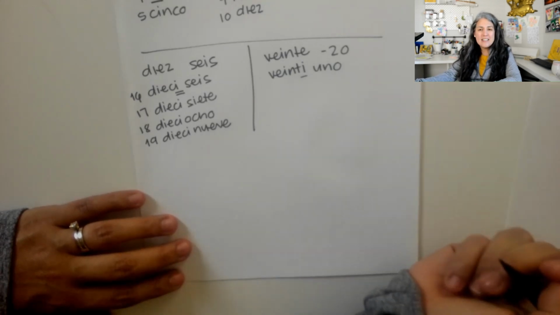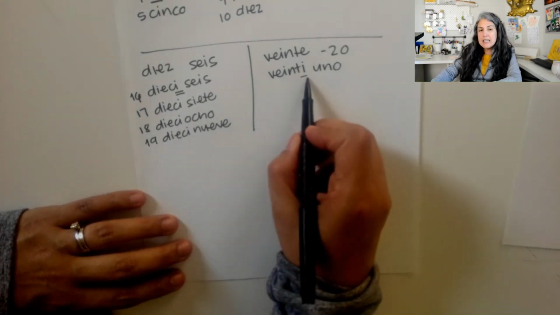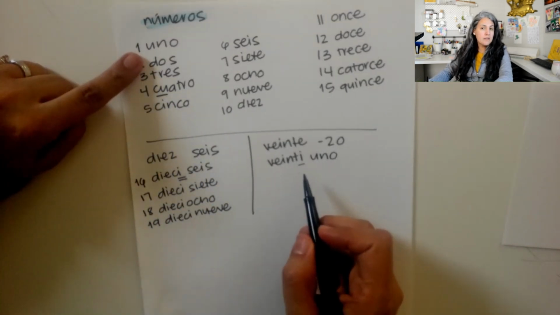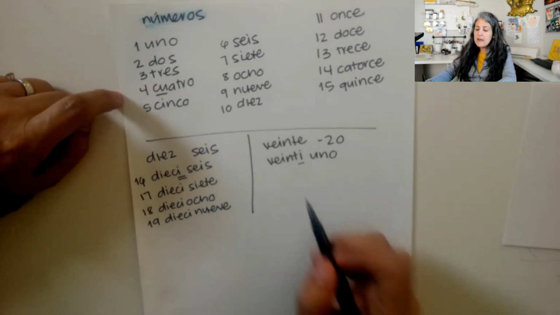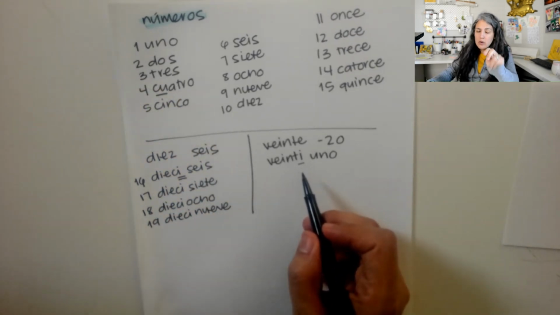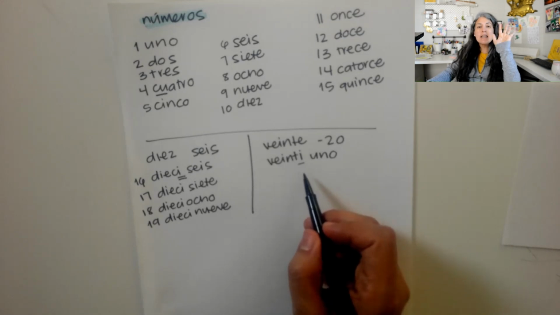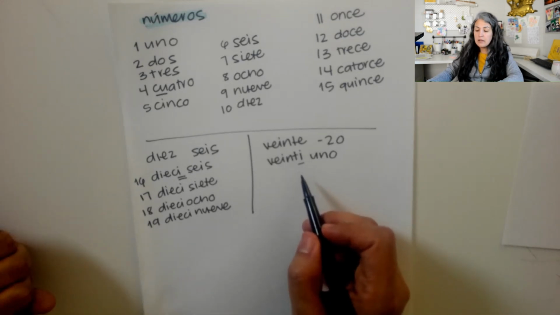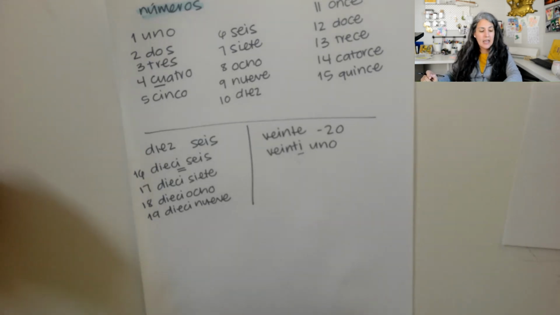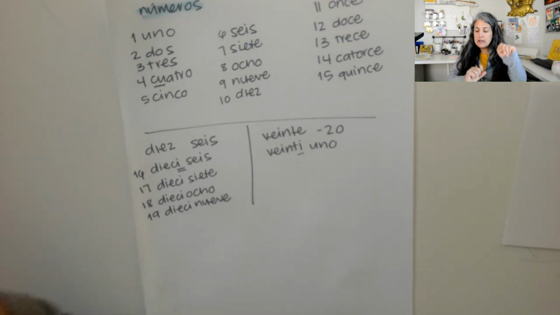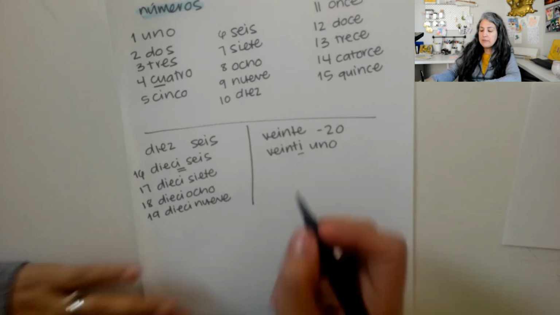Let's see if we can say the other ones. 22, 23, 24, 25, 26, 27, 28, 29, and then to say 30, we say 30.